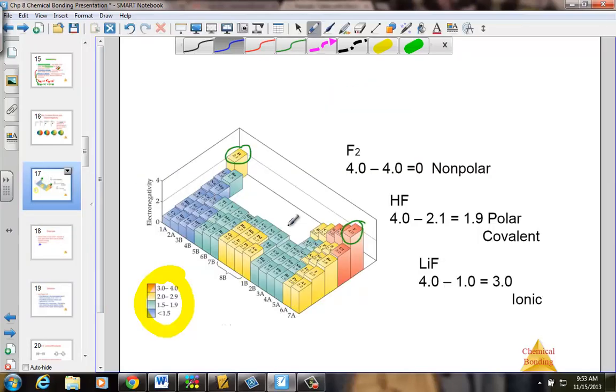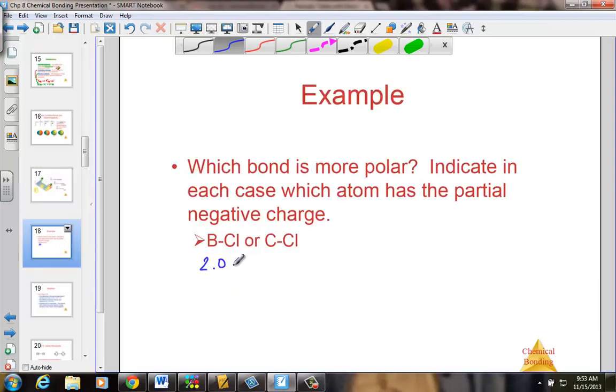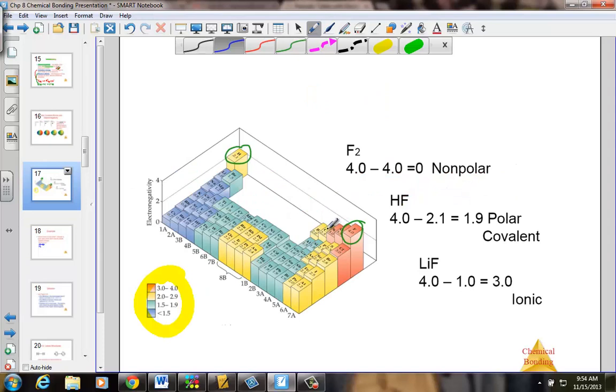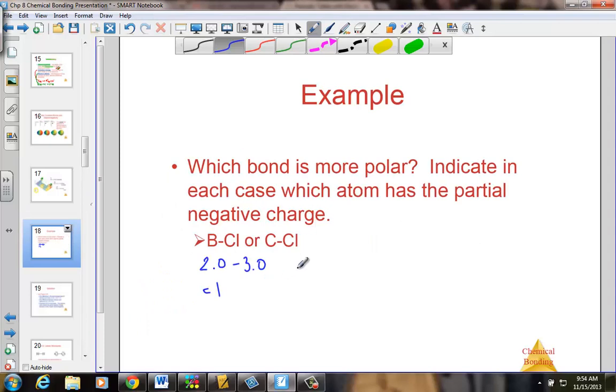Chlorine has a value of 3.0. The difference between boron and chlorine is 1. Let's find carbon. Carbon has a value of 2.5. Chlorine is still 3.0, so this value is 0.5.